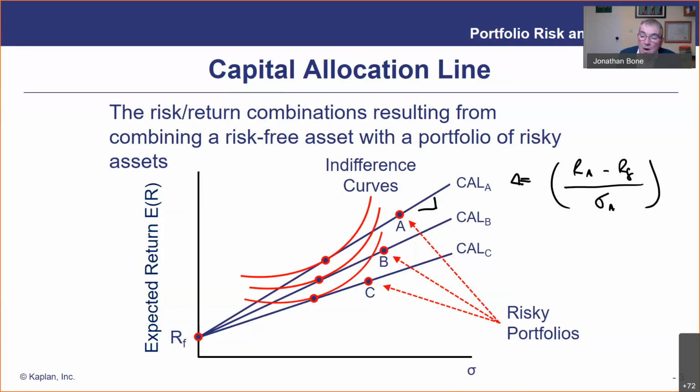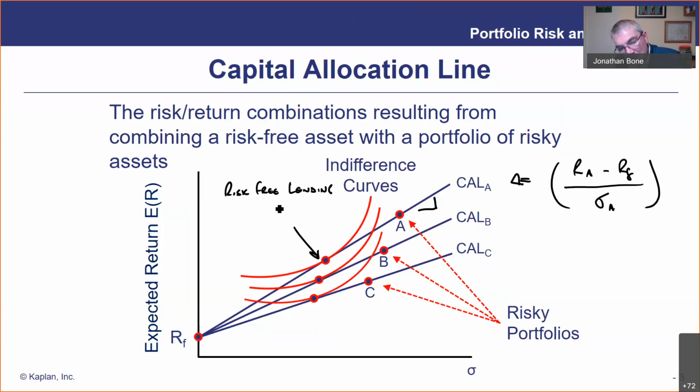Okay, and we can see why I get more happiness by being on the higher indifference curve, because that gives me a portfolio, a combination of the risk-free asset and risky portfolio A. Again, remember what this represents. Therefore, it represents some proportion of risk-free lending.